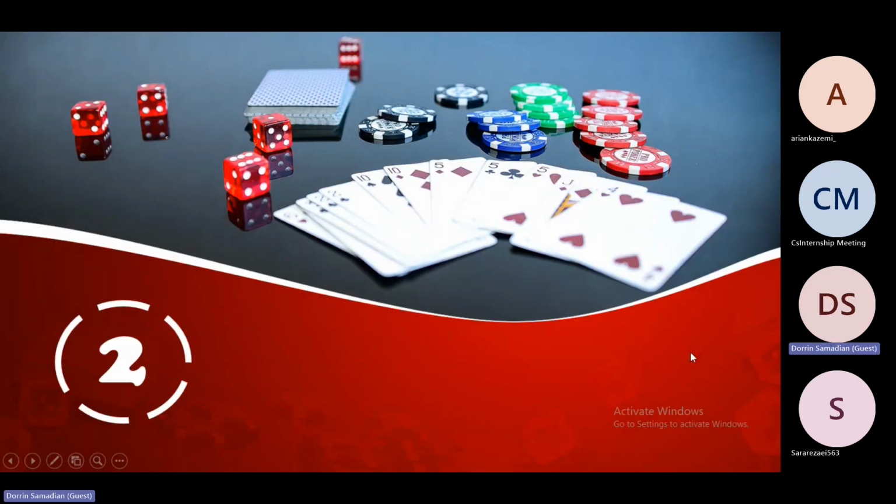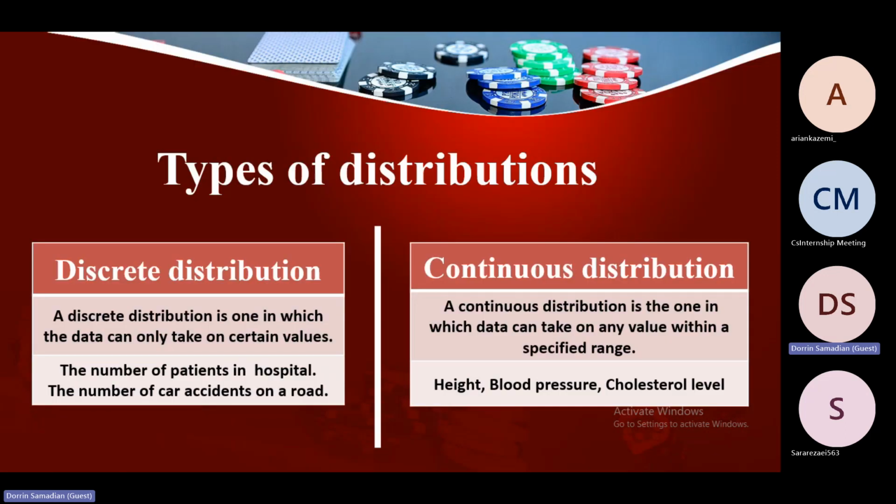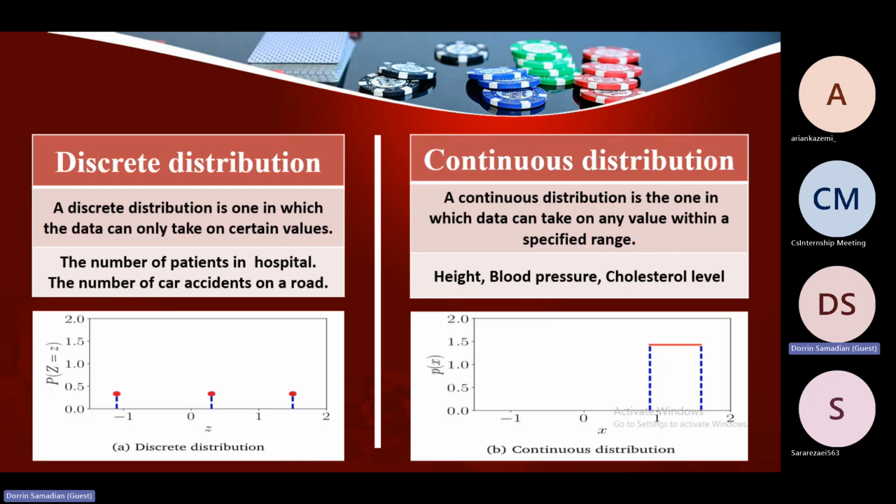Now, the second part focused on the types of distributions, which are discrete and continuous forms. As you could guess by their names, a discrete distribution consists of data which we could gain from certain values. The continuous distribution, in contrast, focuses on obtaining any value within a particular range.